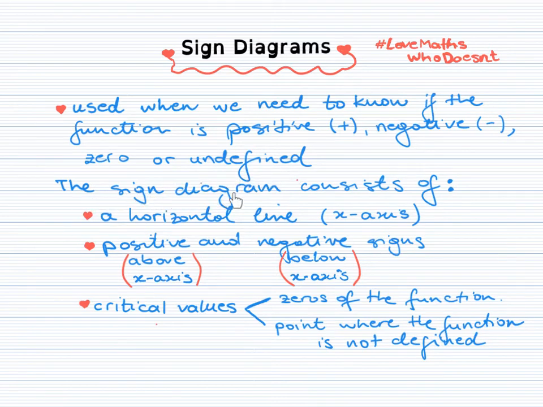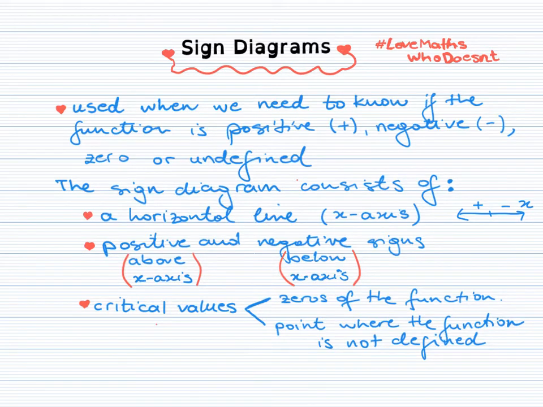The sign diagram consists of a horizontal line, like this, and some positive and negative signs. A positive sign indicates that the graph is above the x-axis, and a negative sign indicates that the graph is below the x-axis.